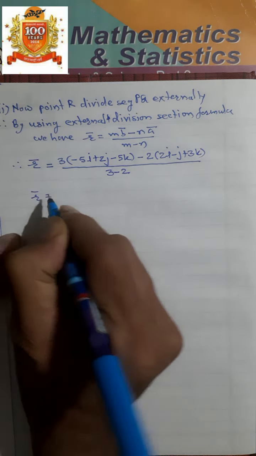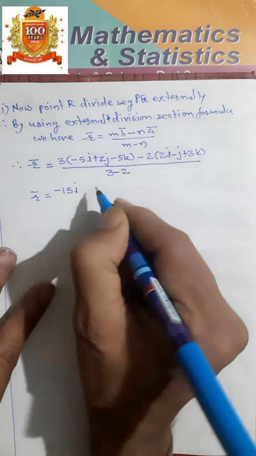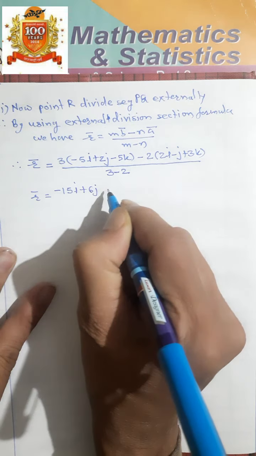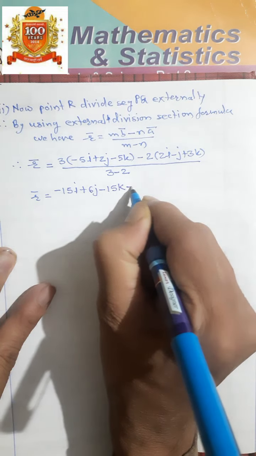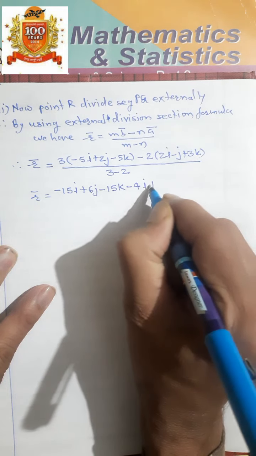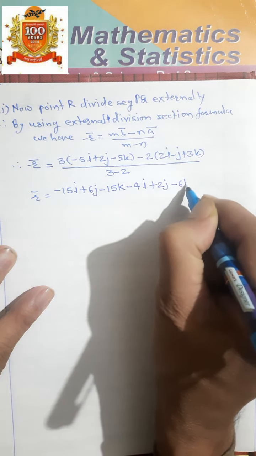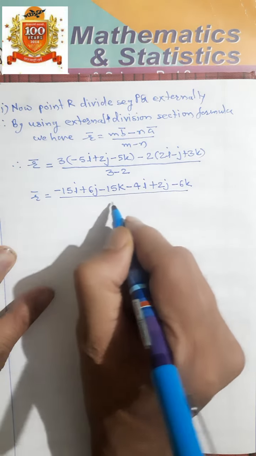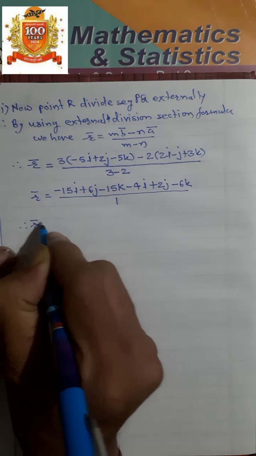Therefore, R bar is equal to minus 15i plus 6j minus 15k minus 4i plus 2j minus 6k, whole divided by 1.